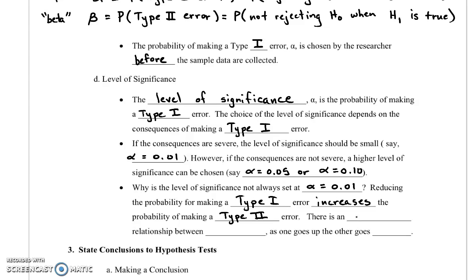So there's what we call an inverse relationship between alpha and beta. As one goes up, the other goes down.